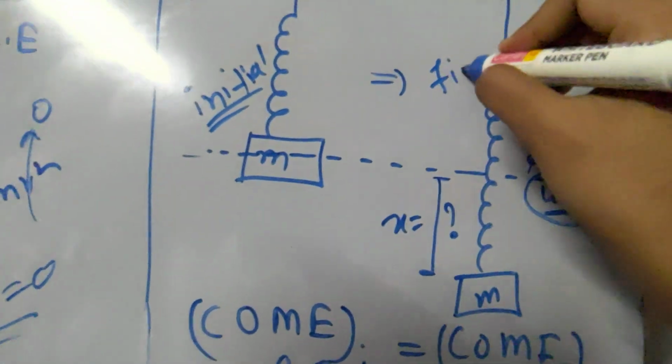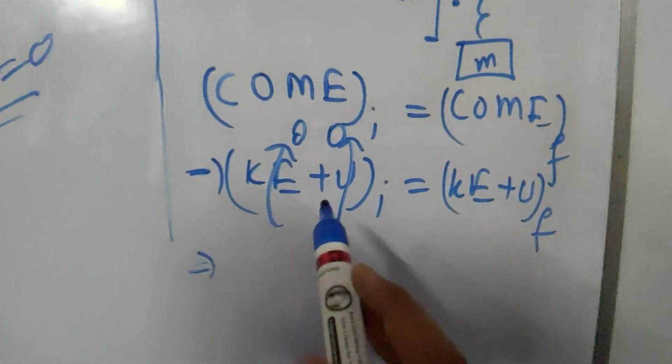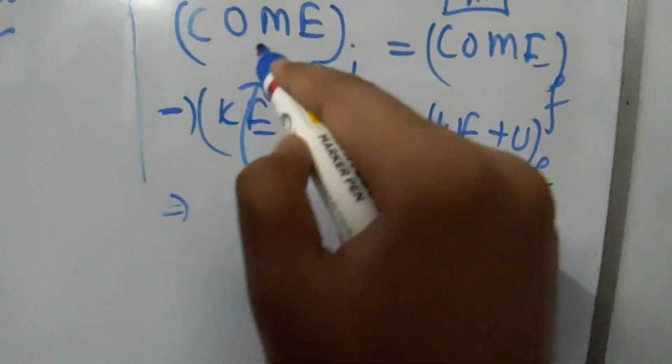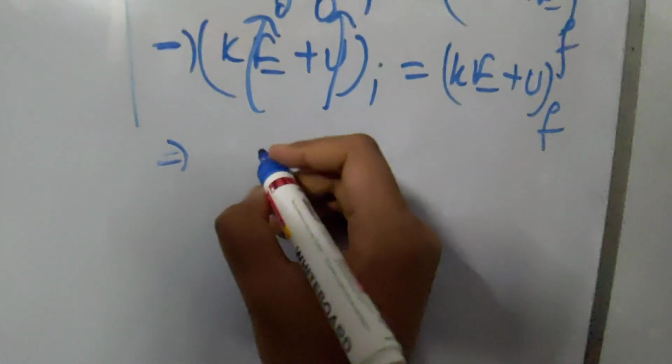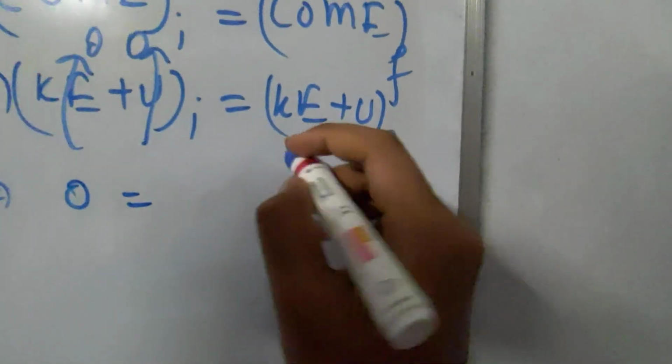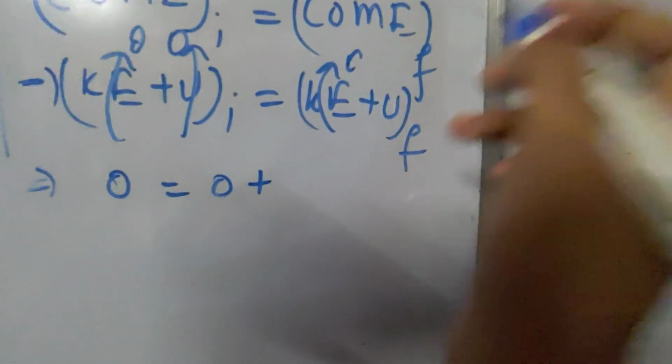In the initial position, the kinetic energy is 0 and the potential energy is 0. So ultimately 0 equals, on the final side, the kinetic energy, which also will be 0, plus the potential energy.